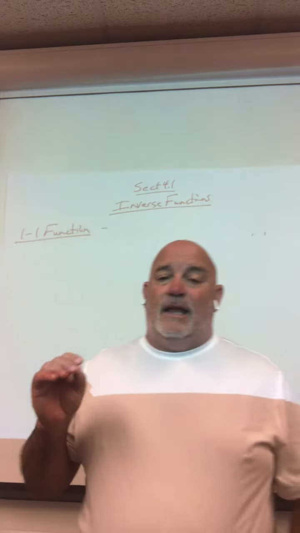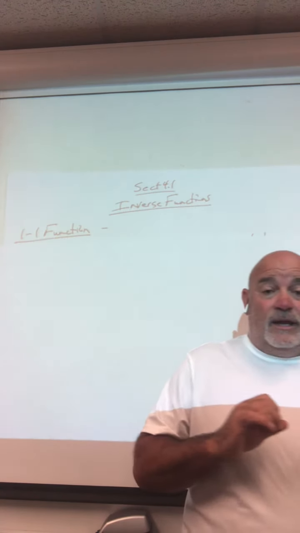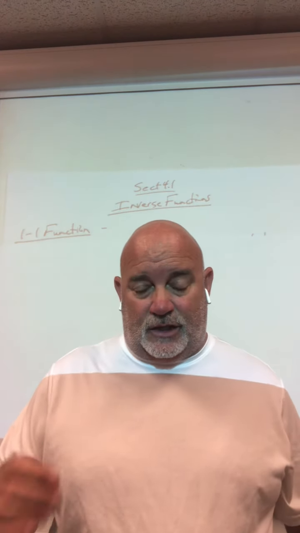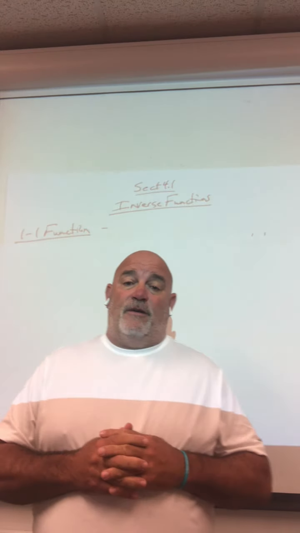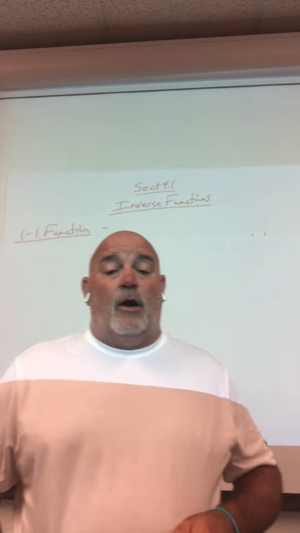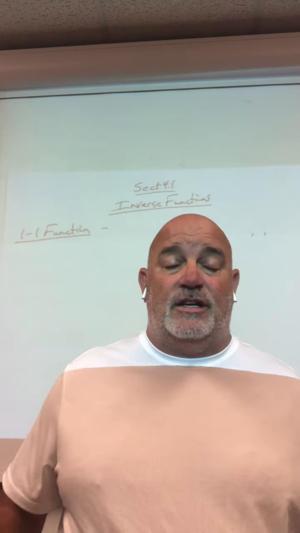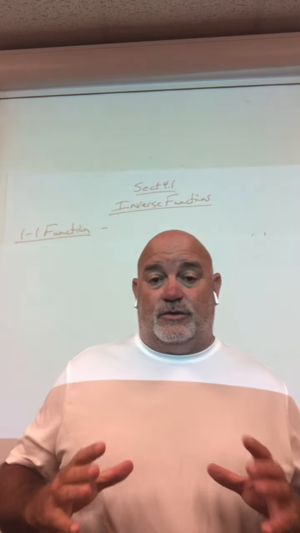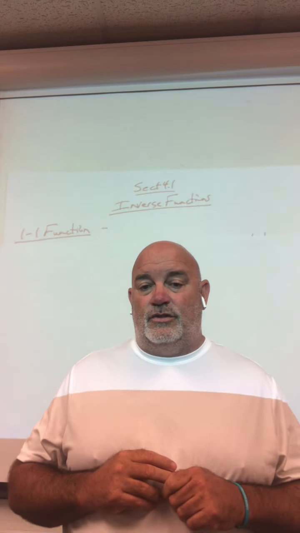Before I do that, let me go back and remind you out of section 2.3 what the definition of a function is. Well, let me back up even a little bit further than that. Let's talk about what a relation is. We said that a relation is just simply any way that you can represent ordered pairs. And I told you that there's three kinds of relations.